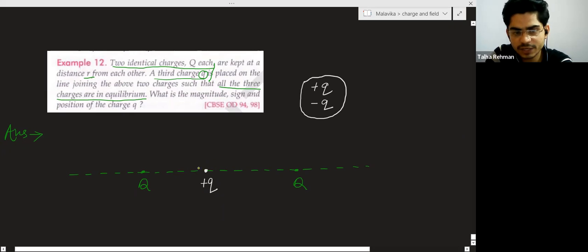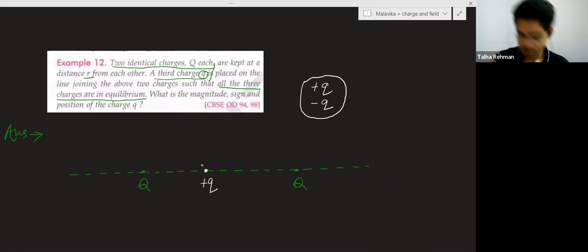I want to calculate the net force on this charge. Equilibrium means three charges will be in equilibrium. When can you tell me when three charges will be in equilibrium?